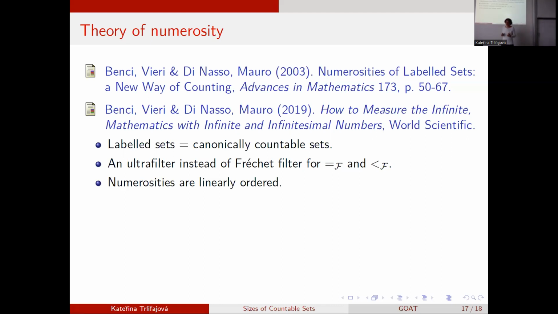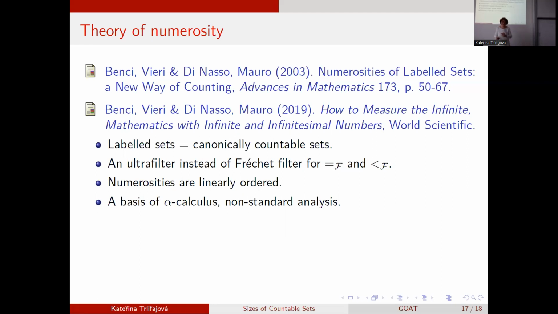The main advantage is that numerosities, the same as sizes of these sets, are linearly ordered. They needed this because they use it as a basis of the so-called alpha calculus, a special type of non-standard analysis.